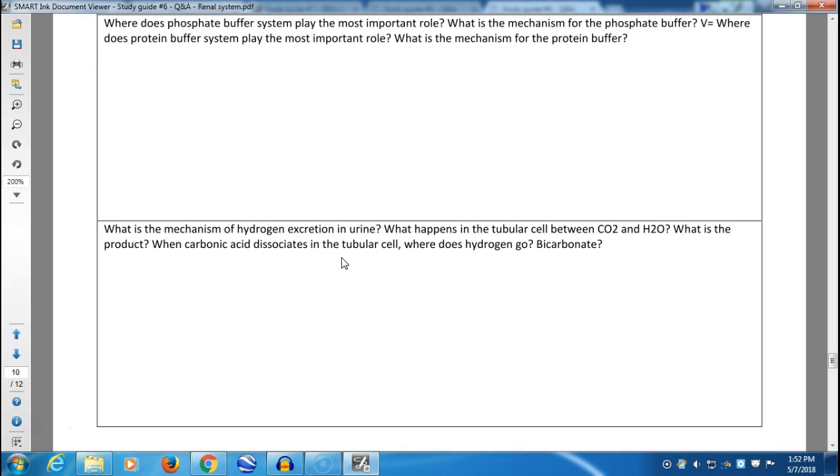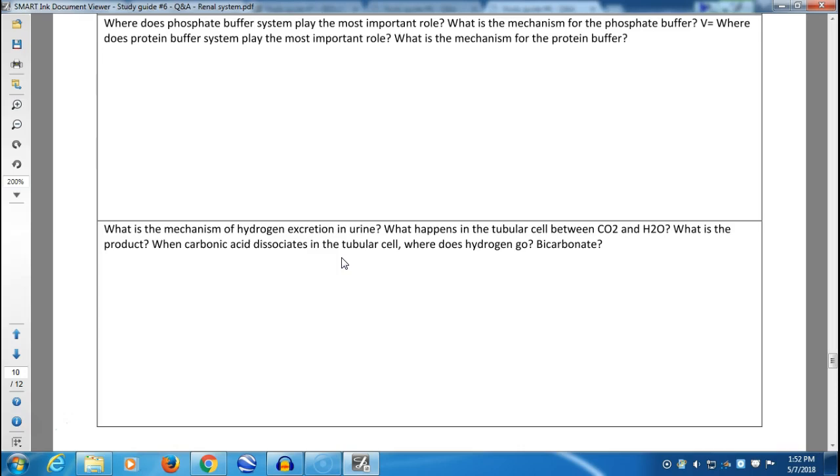Acidosis. Let's focus on acidosis because alkalosis is the opposite. Respiratory acidosis. Why? Yeah, you're not ventilating well, okay?